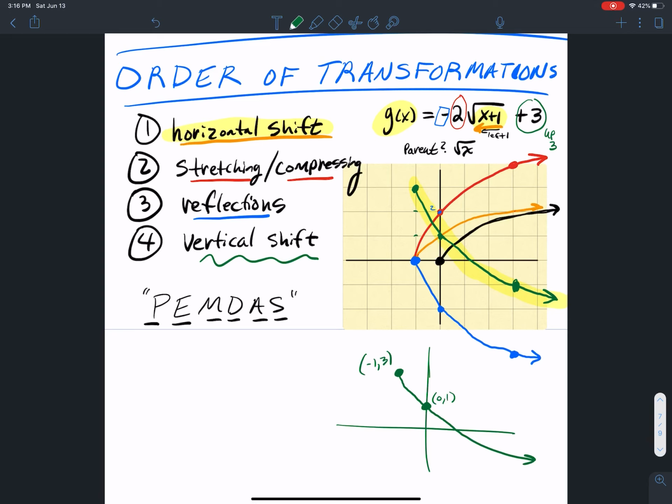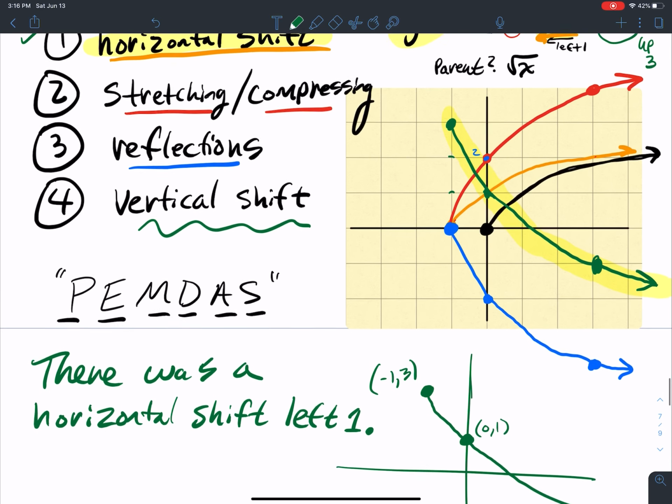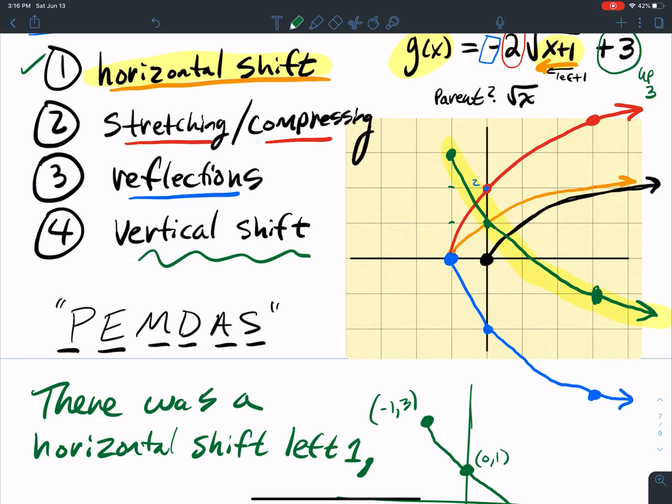So what happened here? Well, first was the horizontal shift. There was a horizontal shift left 1, period. Or you can put a comma if you want to, since we're going to have multiple things. What was the next one? Stretch or compress.